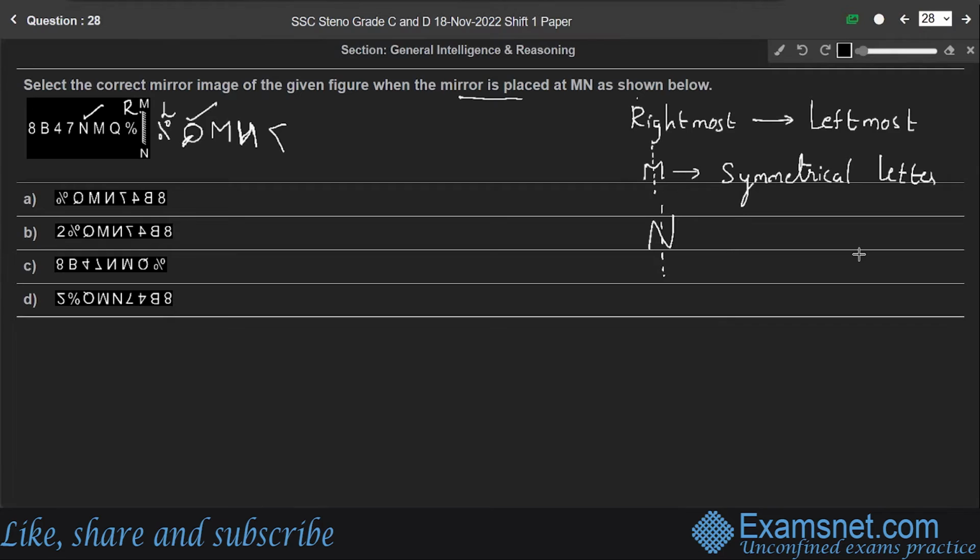The image of 4 will be like this. And the image of B, since B is a non-symmetrical letter, looks like this. And the image of 8 will be as it is, since 8 is a symmetrical number, right? So look at the options now. The image of the given figure starts with the percentage sign. Therefore, yes, here option A is the exact mirror image of the given figure, right? Option A.